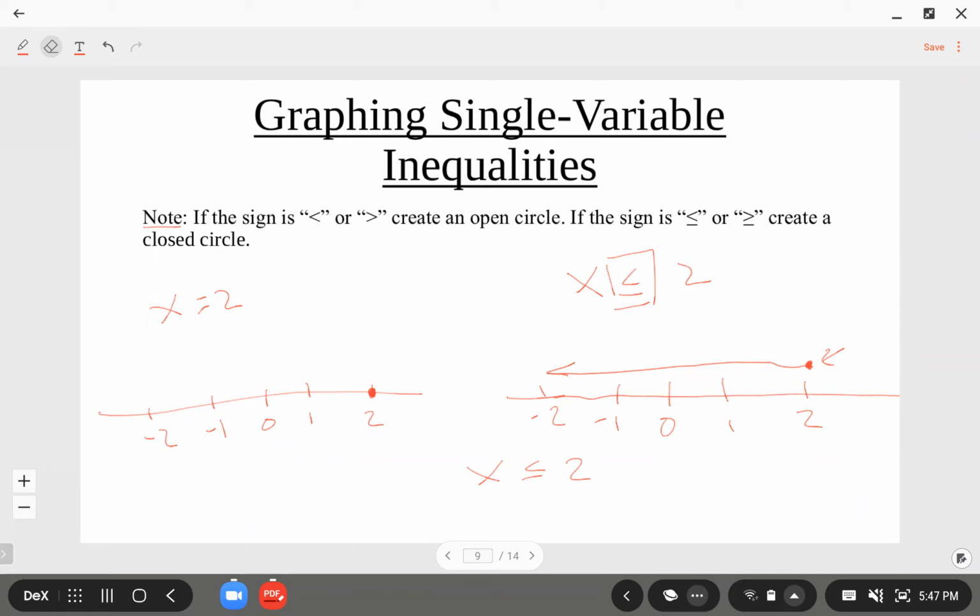So the arrow can't be pointing this way. Why? Because if the arrow points this way, this is where 3 and 4 and all the numbers bigger than 2 are. That is why the arrow is pointing to the left-hand side, where the numbers less than 2 are. That is how you graph a single variable inequality, okay?